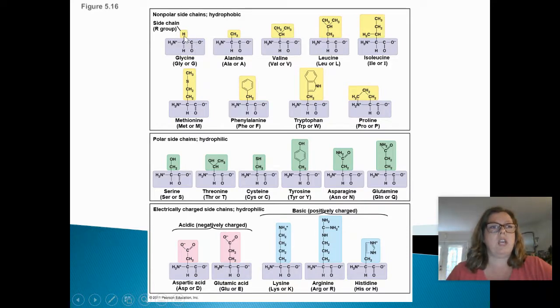And then the side chains for the nonpolar amino acids are in yellow. So this one, glycine, just has an H. Alanine has a CH3, and so on. And then here, the hydrophilic side chains are in green. The acidic, negatively charged side chains are pink. The basic or positively charged side chains here are in blue.